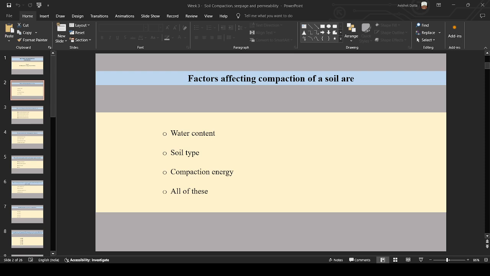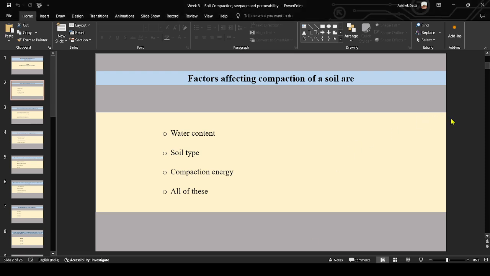Compaction energy is the energy produced while giving the compactive force, the compactive effort, during soil compaction. I'll go to the next question.